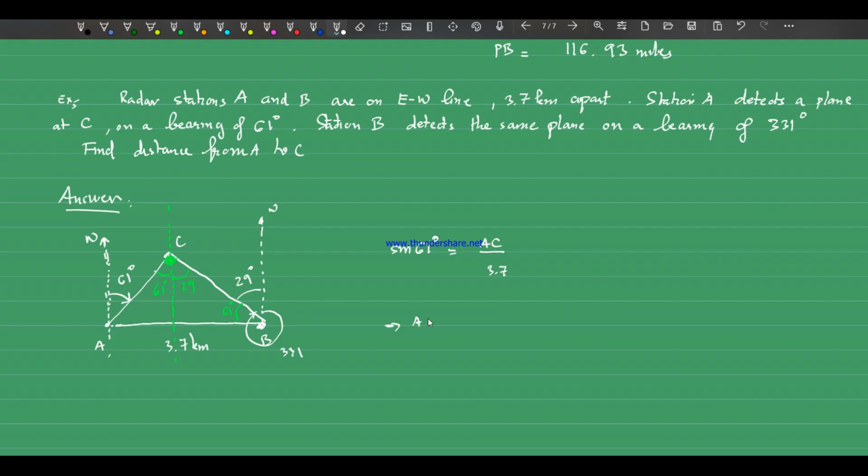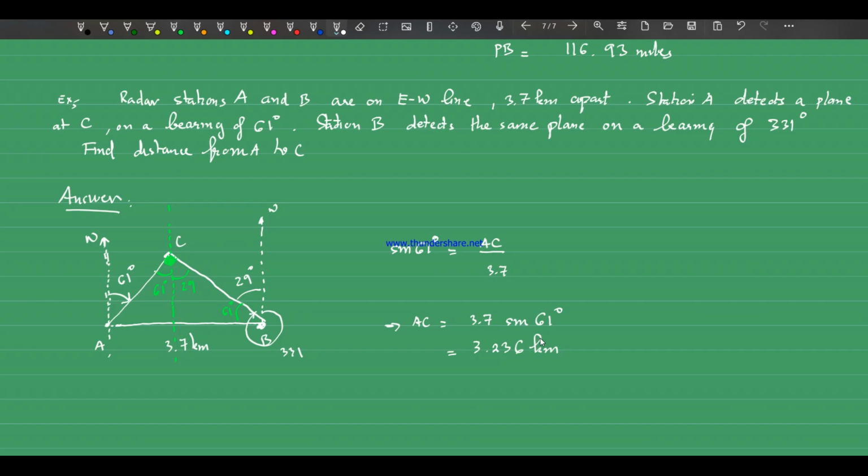So AC will be 3.7 times sine 61 degrees, which is about 3.236 kilometers. Okay, easier, not bad.